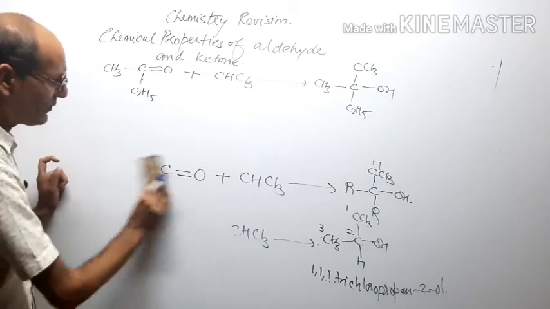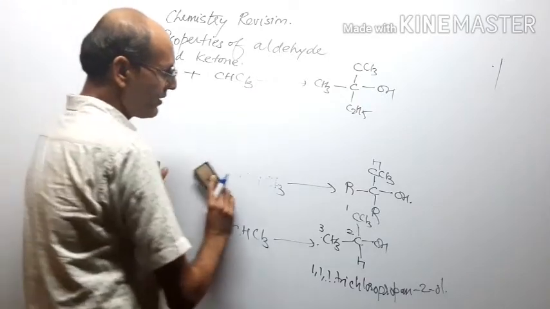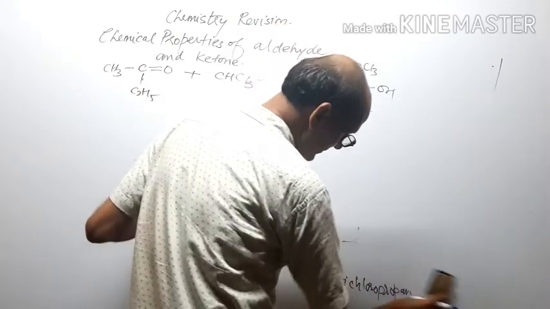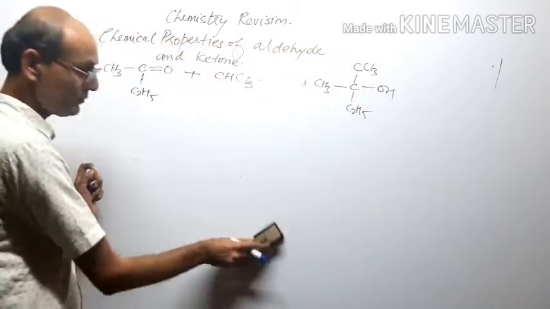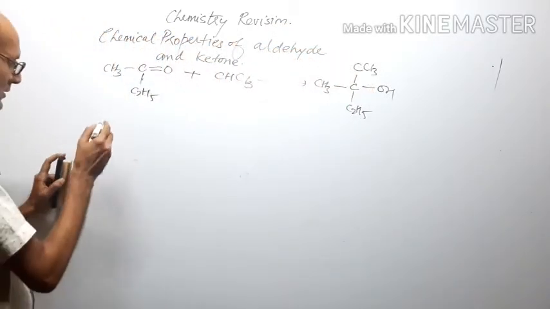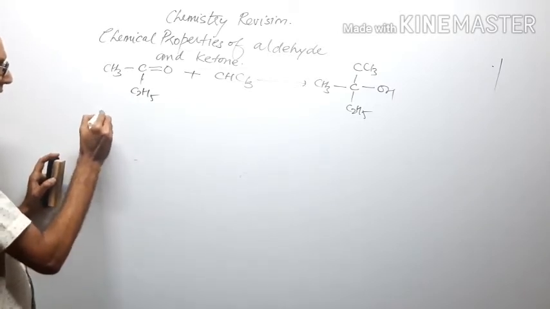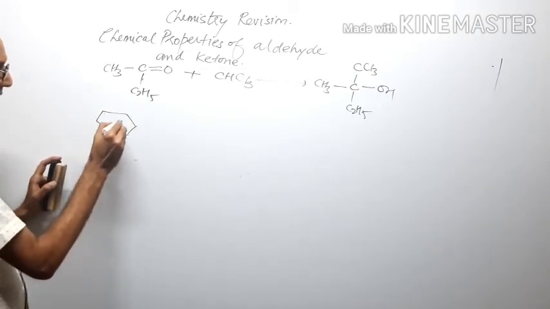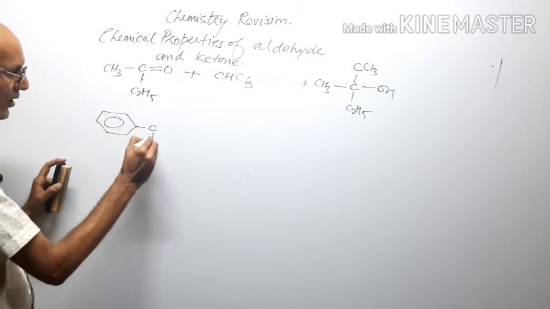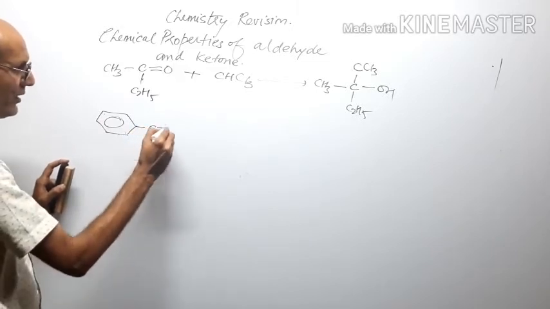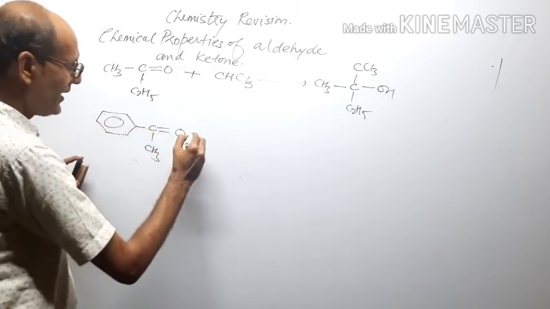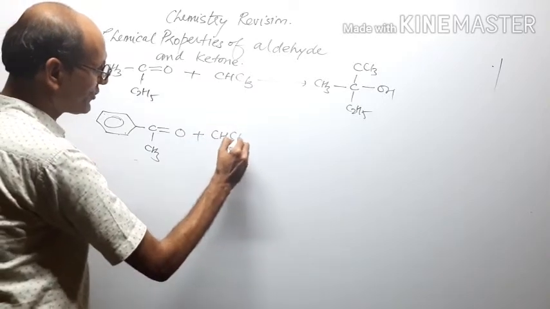Now I am writing one more example for aromatic ketone. See, this is ring-C-CH3 double bond O plus CHCl3.